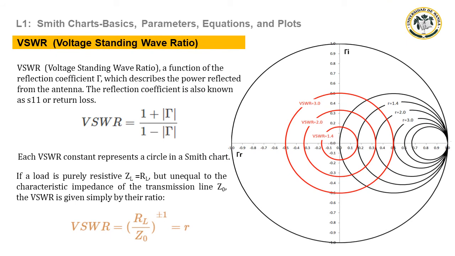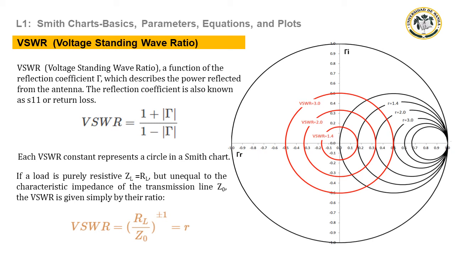Another parameter in the discussion of Smith charts is the voltage standing wave ratio. VSWR is a function of the reflection coefficient which describes the power reflected from the antenna. The reflection coefficient is also known as return loss.